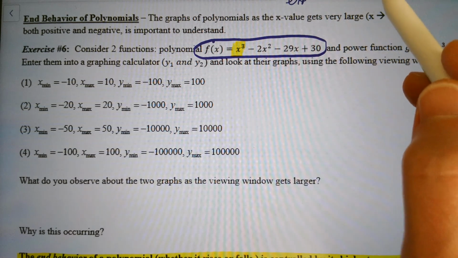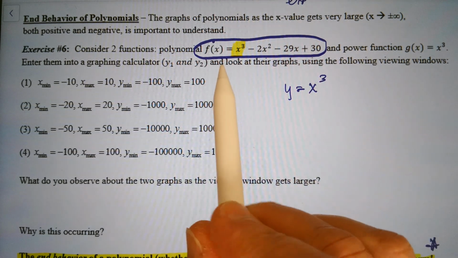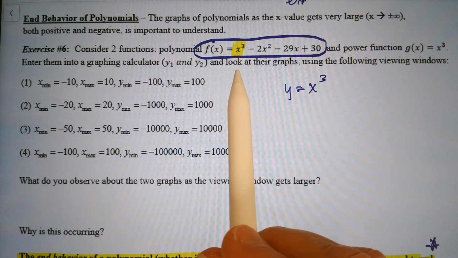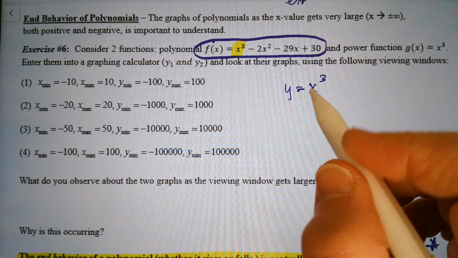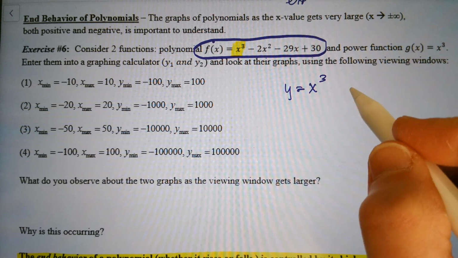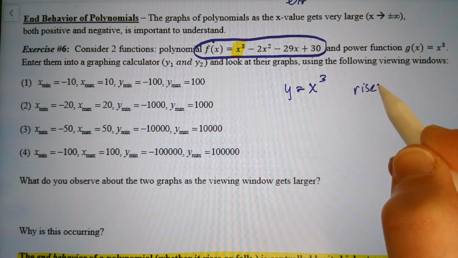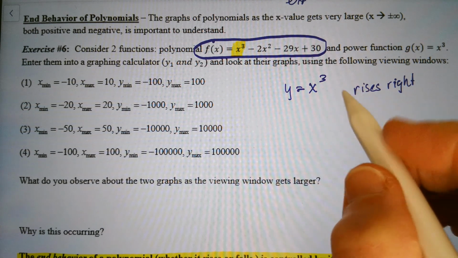So whatever the power function y equals x cubed looks like, that's what this polynomial function graph would look like. The leading coefficient is positive, so the right tail rises. So we say rises right because of the leading positive.